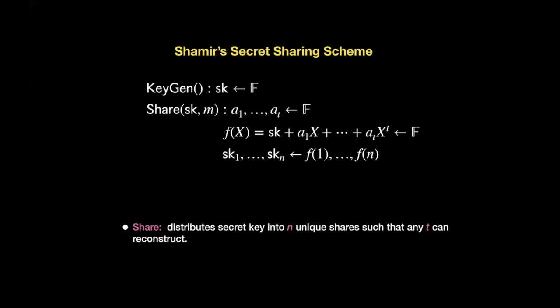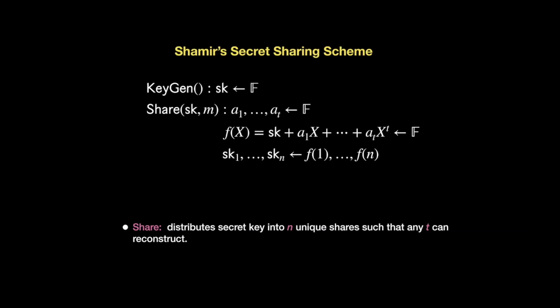So what we're going to do is generate a polynomial of degree t, whose 0th coefficient is our secret key. This polynomial is going to be completely random. You just sample t different secrets from the field, and then you use those in order to construct that polynomial. So now we can evaluate this polynomial at n different points in order to get n unique shares.